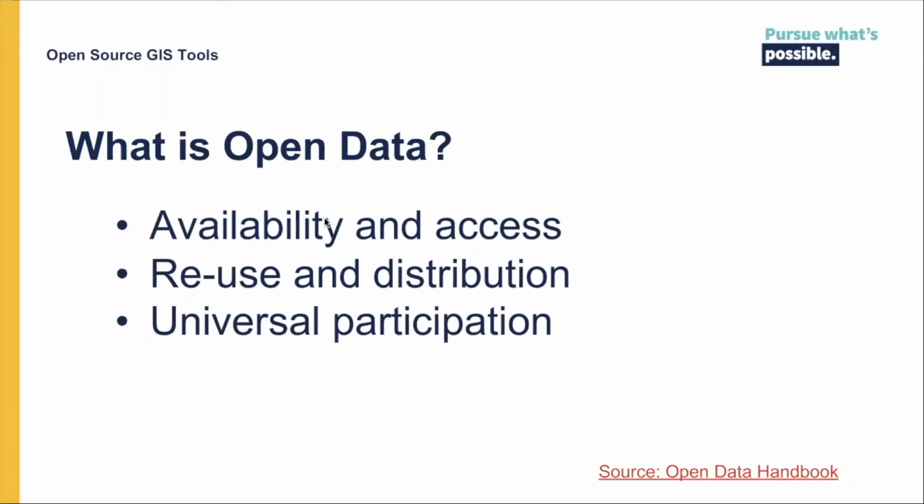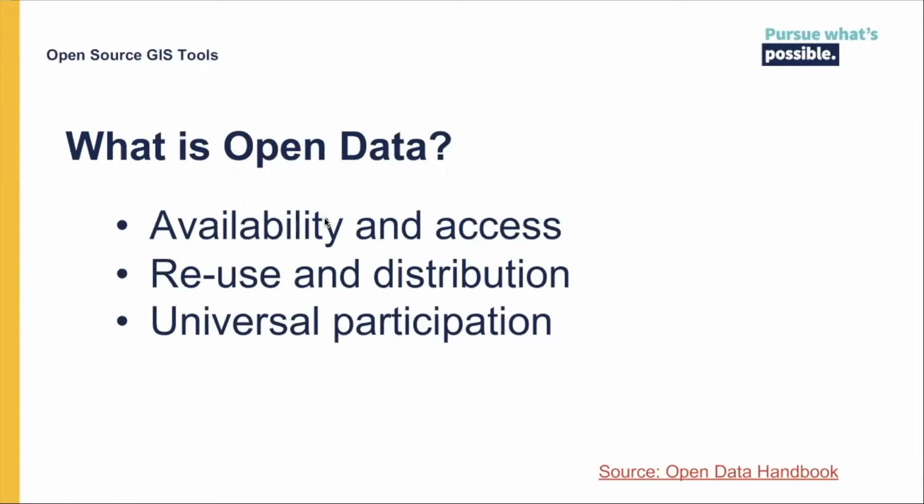For availability and access, the data must be available, and you should be able to get it by downloading it on the internet, and it should just be convenient to get. It should also allow you to reuse the data set, mix it with other data sets, and redistribute it if you want.